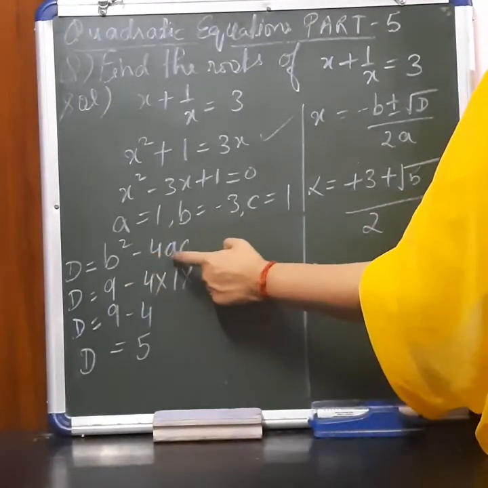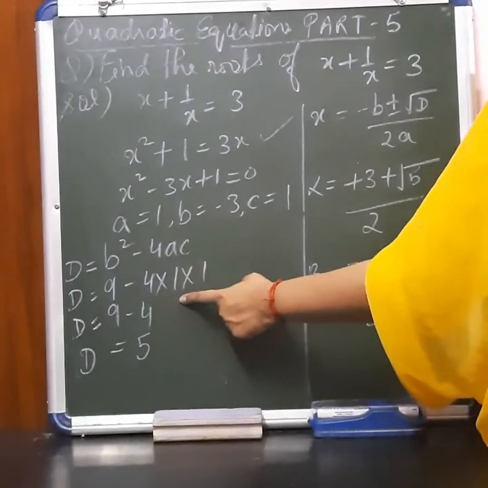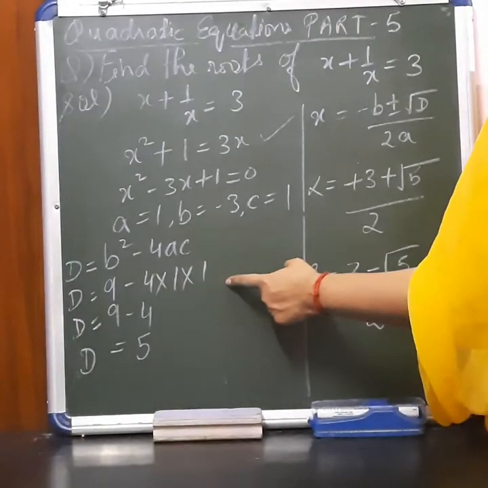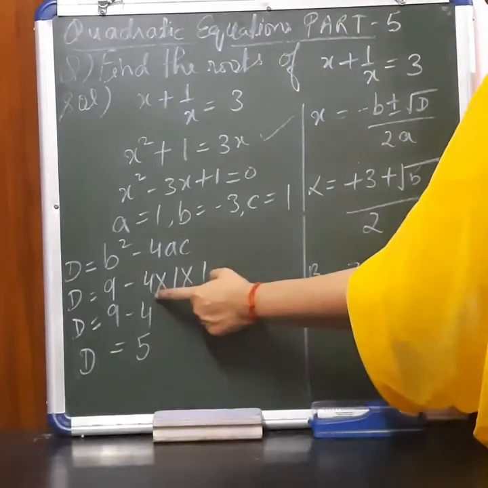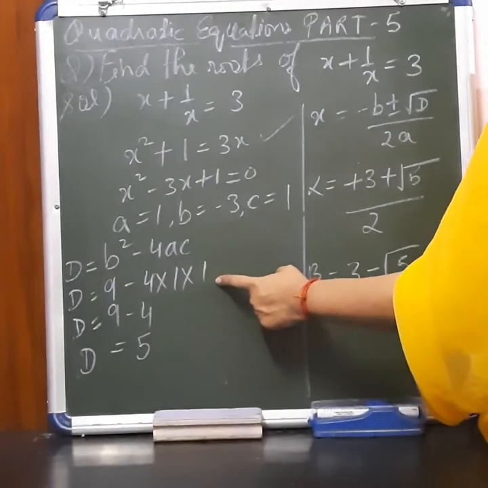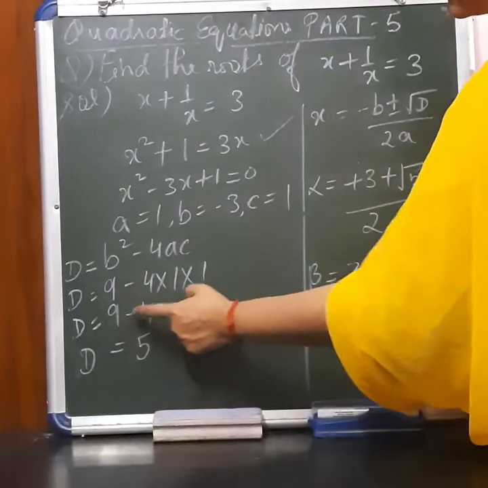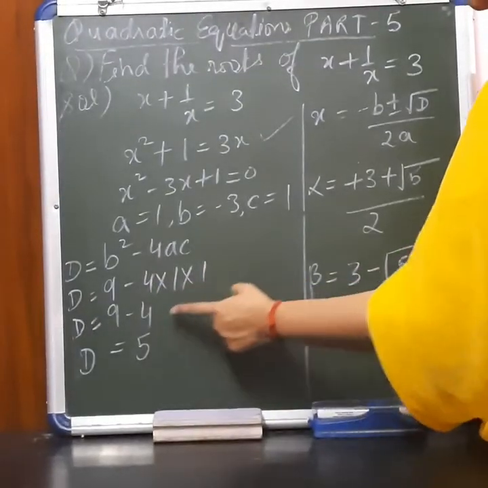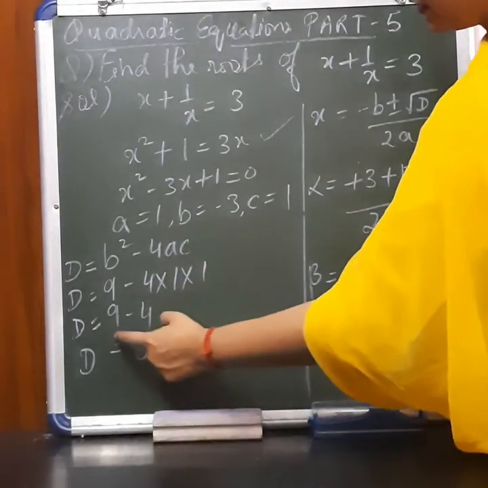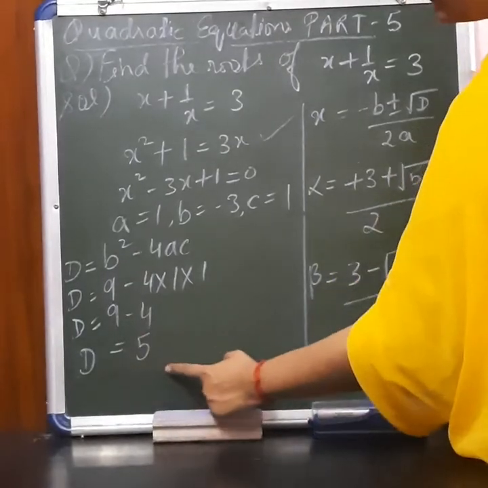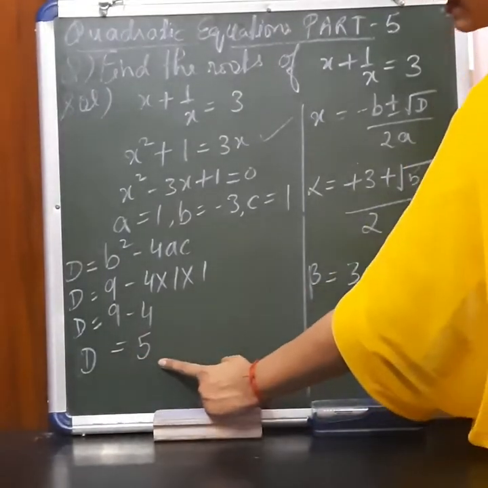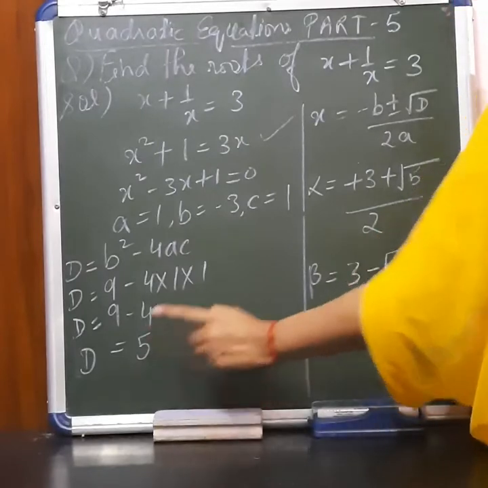Minus 4 multiplied by the value of a, which is 1, and multiplied by c, which is 1. So 4 multiplied by a multiplied by c. Now d is equal to 9 minus 4 multiplied by 1 multiplied by 1, that is 4. And 9 minus 4 is 5. So the value of the discriminant d is 5.